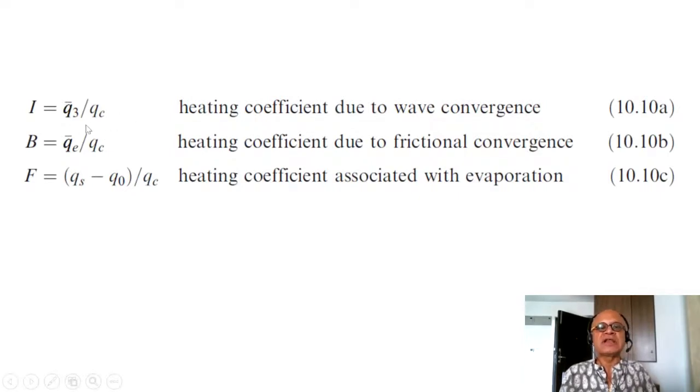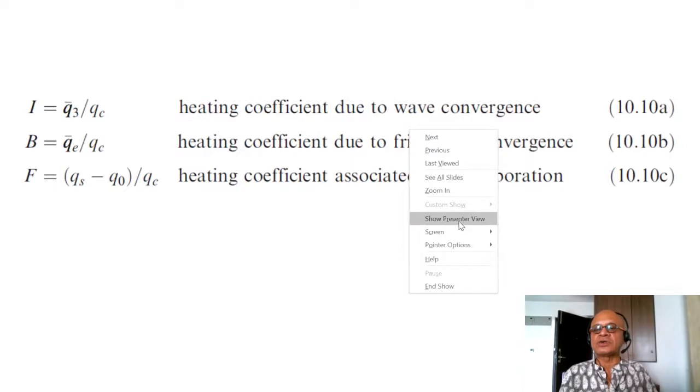Also, in case it wasn't clear, this was the heating coefficient due to wave convergence, which doesn't by itself give the multi-scale structure. What do we mean by a multi-scale structure?